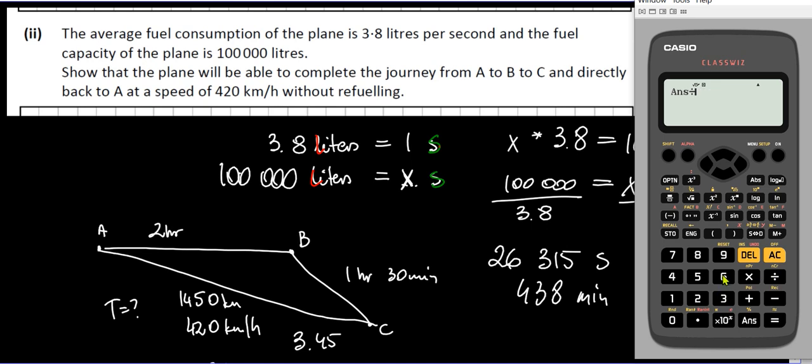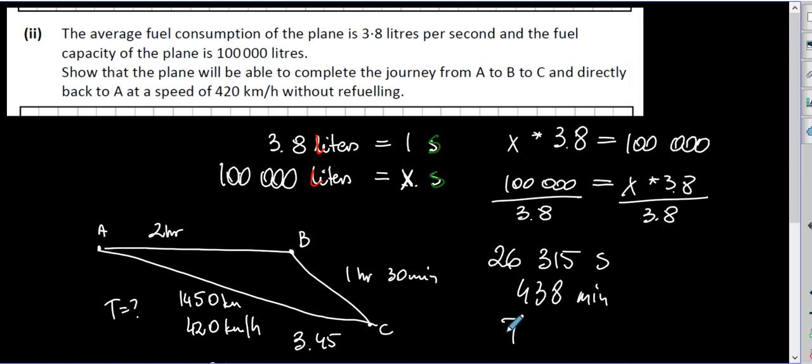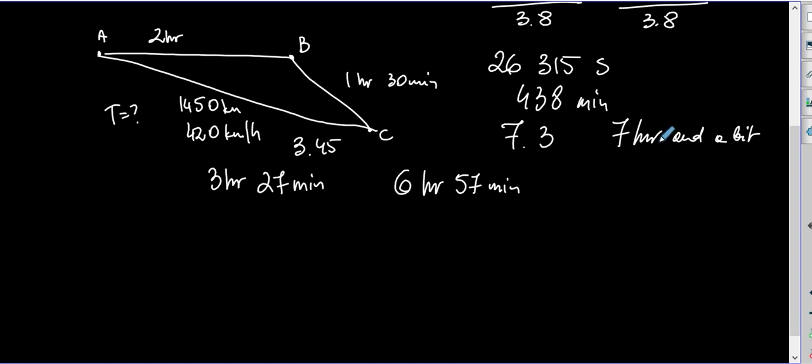I divide that again by 60 to give me the number of hours. 7.3, so 7 hours and a bit, isn't it? So yes, the plane can do that because that's how much fuel it has, more than 7 hours of flight, and he needs a bit less than 7 hours of flight.